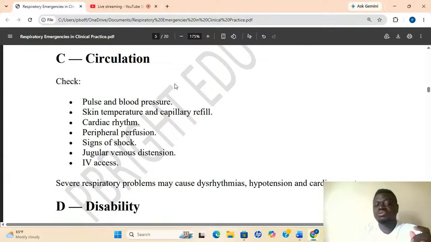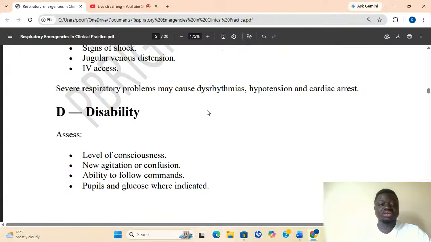So we check what the pulse is doing, what the blood pressure is doing, what the temperature is doing, the capillary refill, the cardiac rhythm, the peripheral perfusion. Is there any sign of shock? Is there any jugular distension? Sometimes it helps us diagnose some of these conditions. Is there any IV access? Severe respiratory problems may cause arrhythmias or dysrhythmias, hypotension, and cardiac arrest, especially tension pneumothorax. So that is what you should know.